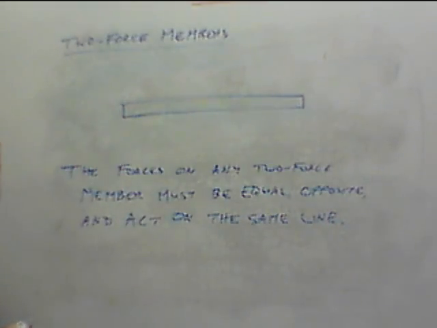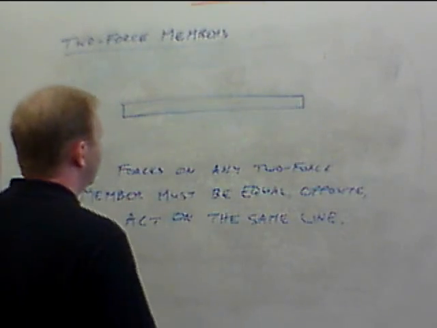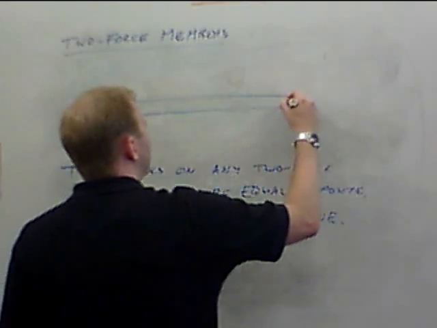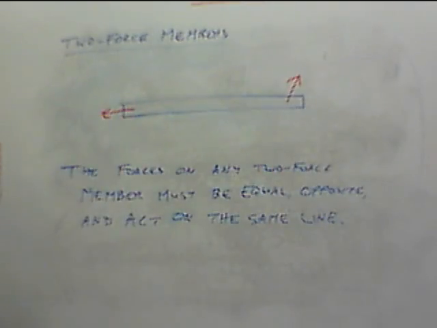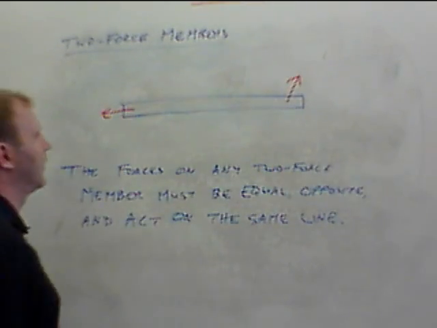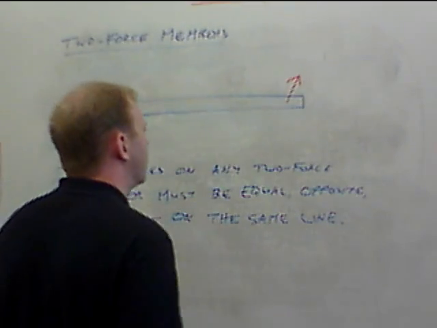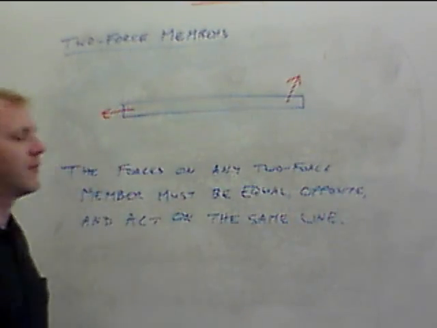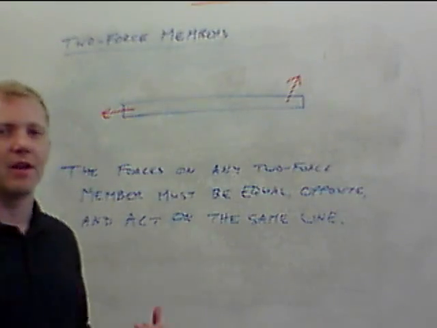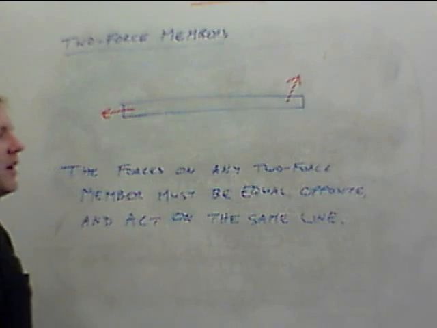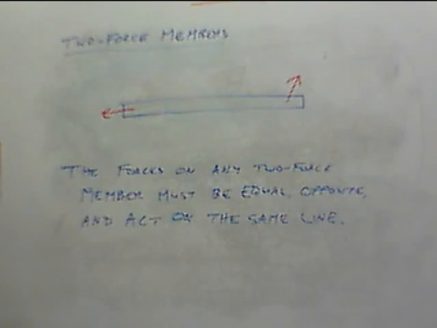The reason for this: if I only have two forces acting on this beam, and they're not equal and opposite, or if one of them's bigger, or if they're not exactly opposite to each other, this is going to cause this beam to move. In terms of forces, if the forces aren't equal and opposite, then there's going to be a non-zero net force. The thing is going to move, and we're going to have a non-static problem.